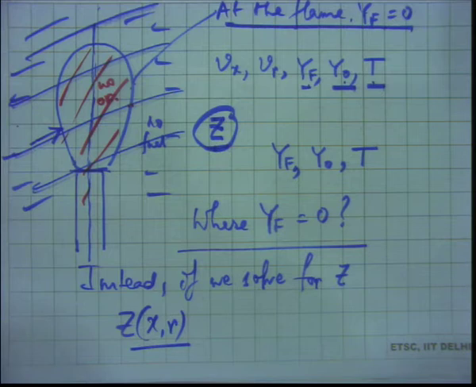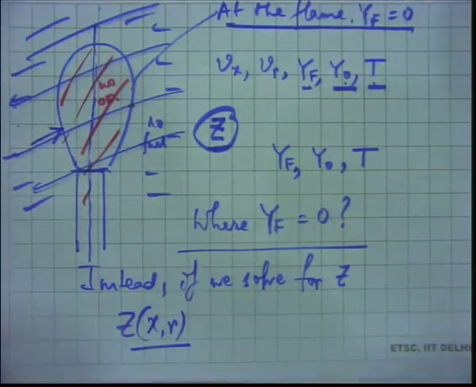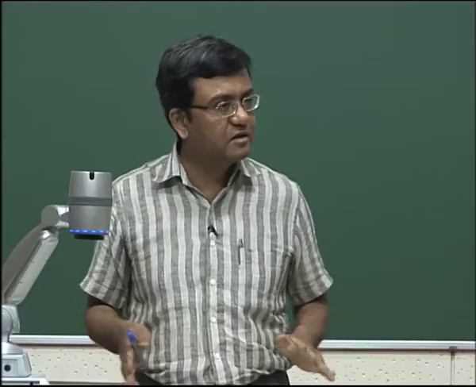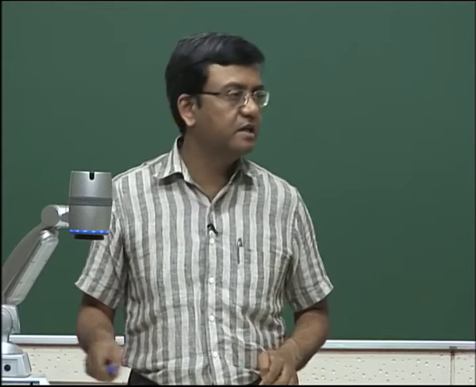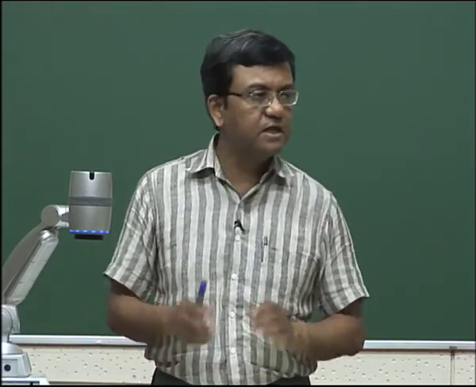In fact, this is the way we should do. So, you have the Z values everywhere in the domain. Wherever I have marked, everywhere in the domain you have the values of Z. So, how do we now say where the flame is? Solving for Z, we put Z equal to ZST. So, we have the numerical values of Z at various places in the domain, assuming we have done a numerical solution. So, we have got values of Z everywhere in the domain.